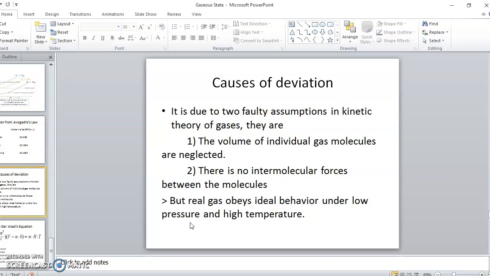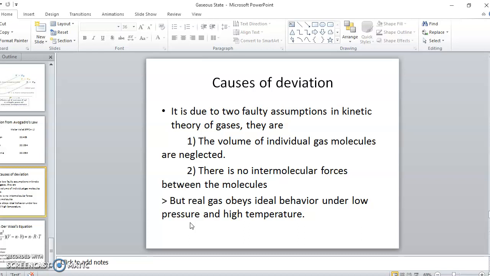Intermolecular forces operate only within a certain distance, and the molecules may be beyond that distance, so there may not be any intermolecular force.